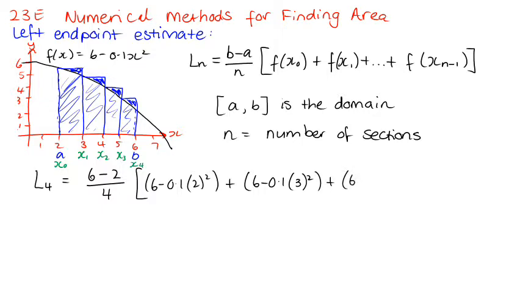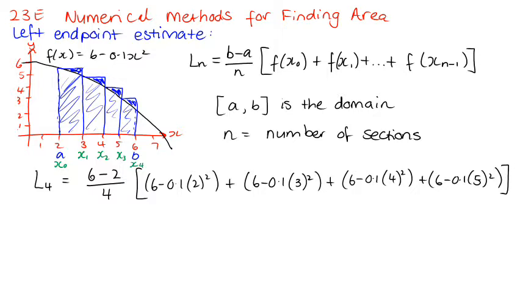So we need to sub in 4, and then we need to sub in 5, and stop there. So that's what that dot dot dot means: keep adding however many you need until you get to n minus 1.